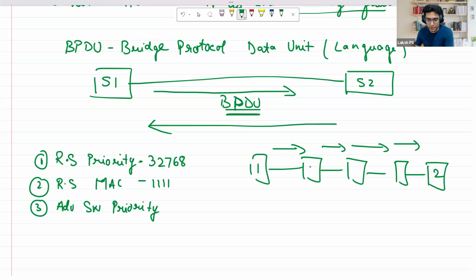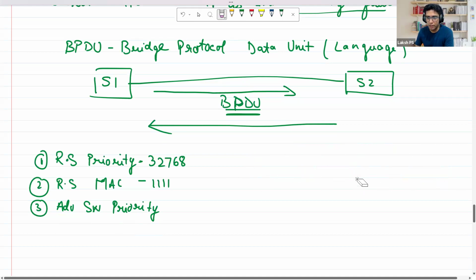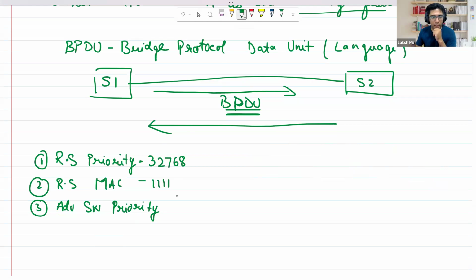When this intermediary switch is forwarding the BPDU, it will advertise its own priority. Now in this diagram above, switch 1 is the root switch. It is assuming itself as a root switch, and it's the one who is advertising this BPDU. It will say its own priority as 32,768.